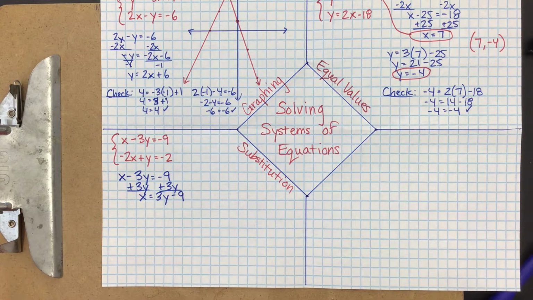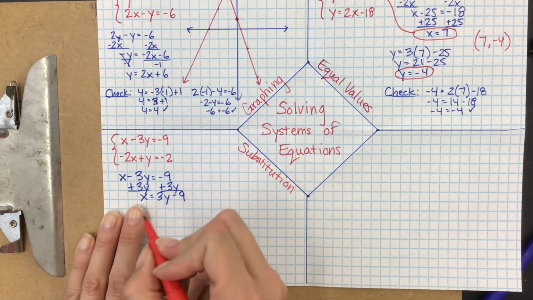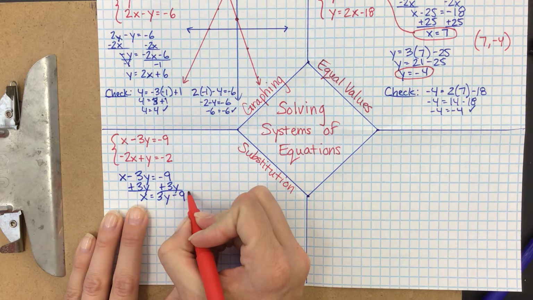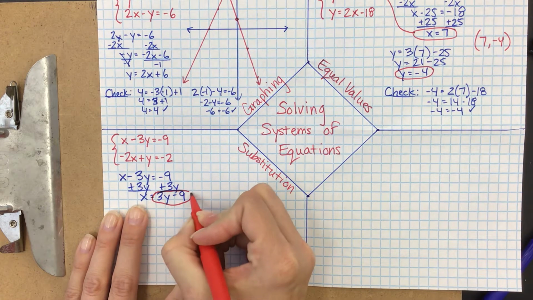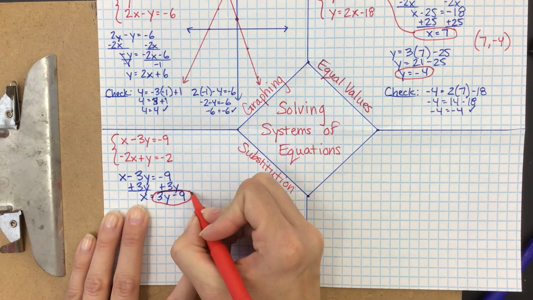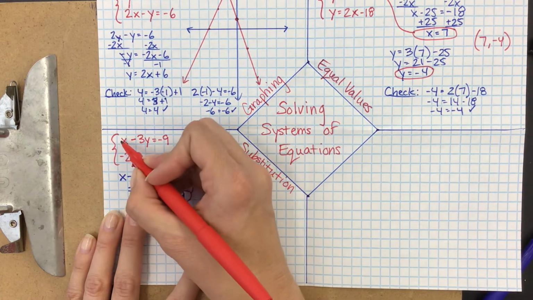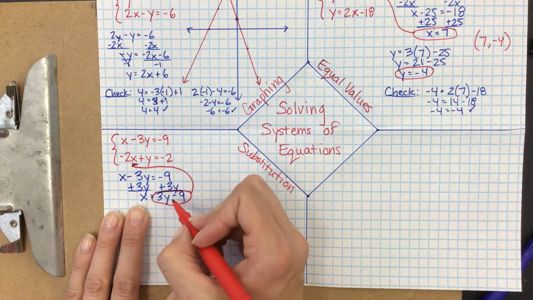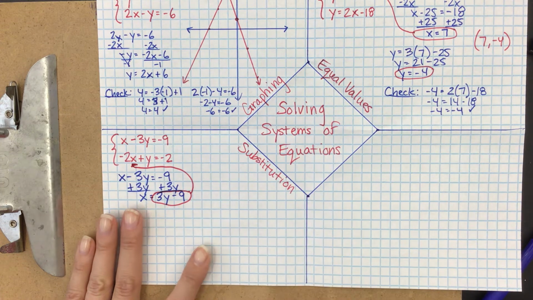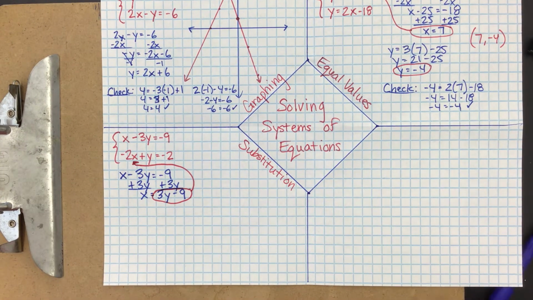Okay, now that you know the value of x, you're going to take that value, this whole thing, and you're going to plug it into the equation here for x. We don't want to plug it in up here because that's the same equation we just did when we solved for x.